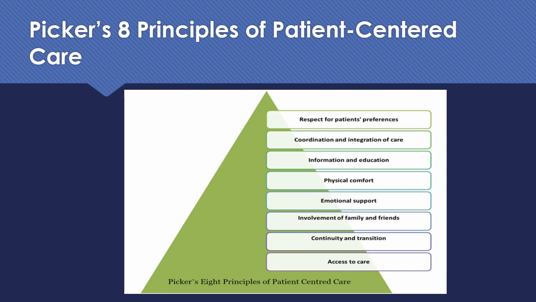But giving them that autonomy, that self-care, that health promotion, and providing them with the information about their condition is very important. For physical comfort, there are 3 areas that we look at. It's pain management to keep them comfortable, making sure their ADLs are taken care of, and that their surroundings and their environment are conducive to healing.